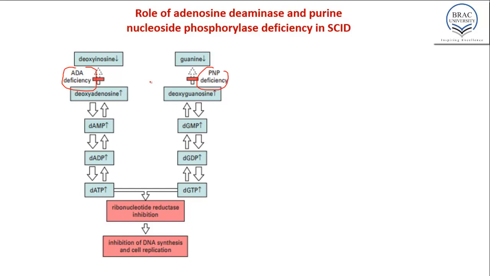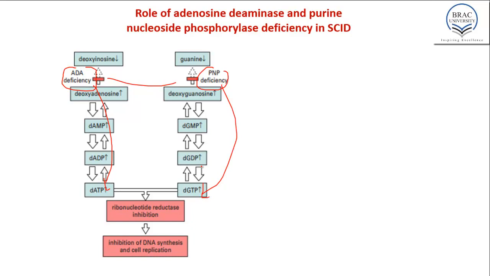Deficiency of these two purine-degrading enzymes results in accumulation of dATP or dGTP in T lymphocytes. Deficiency of ADA can lead to accumulation of dATP, and deficiency of PNP can lead to accumulation of dGTP in T lymphocytes.